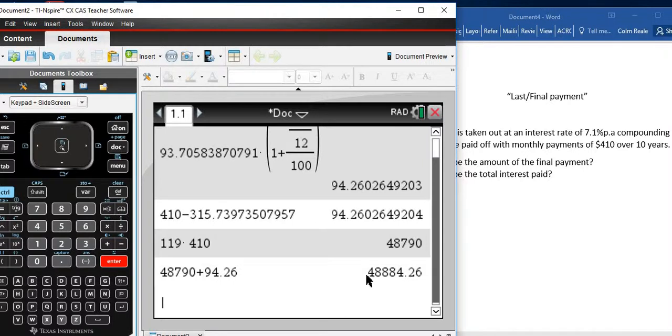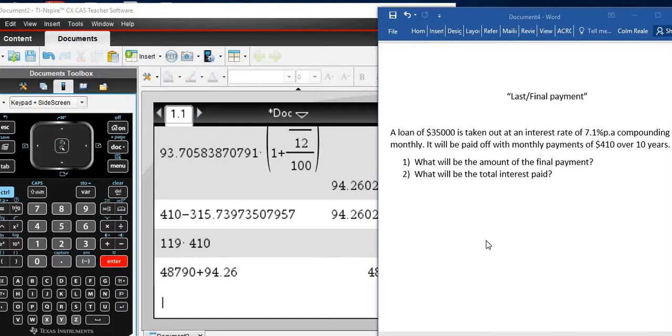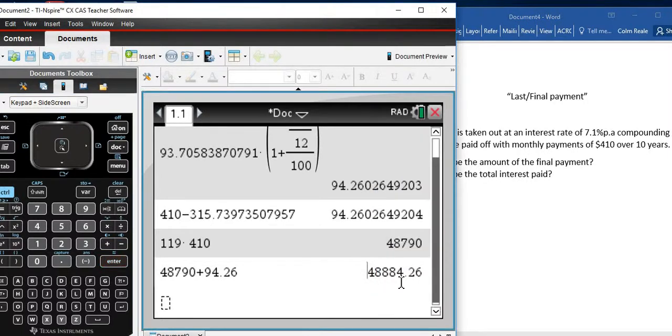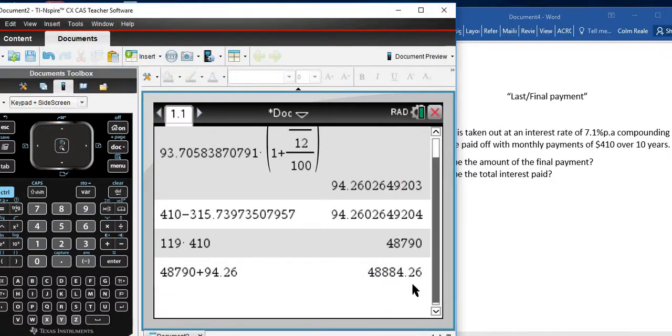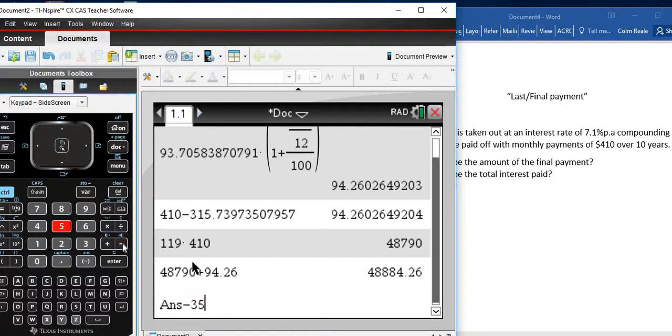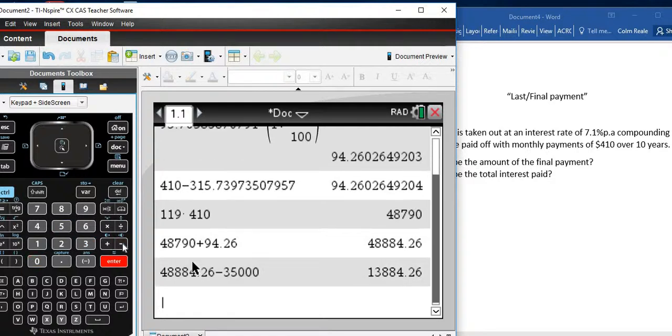That's the total amount that you paid back to the bank. Now remember, the bank gave you a loan of $35,000, and you've just paid them back all this over the last 10 years. So when the question asks what will be the total interest, it's the difference between the principal and the total amount that you pay back. So that's the total interest that's paid.